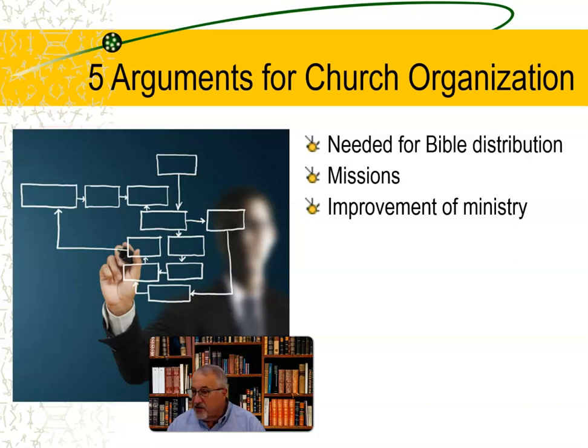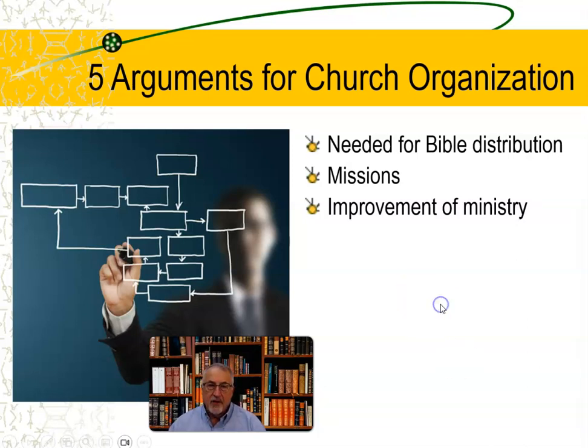Perhaps we could do that education and include in it studies about Christ, studies about the Bible, that sort of thing. So we could improve our ministry if we just had more resources. If we pool together 500 congregations, we'd have a lot more resources than if we're going alone on this.